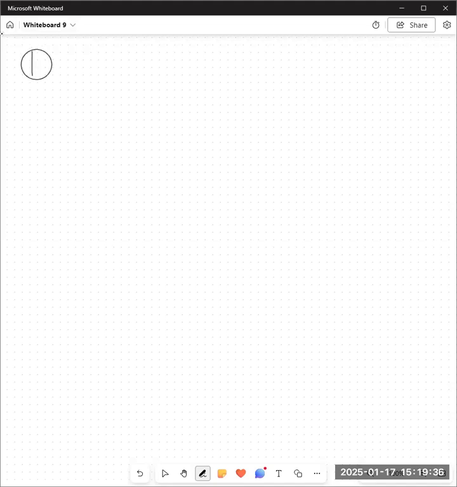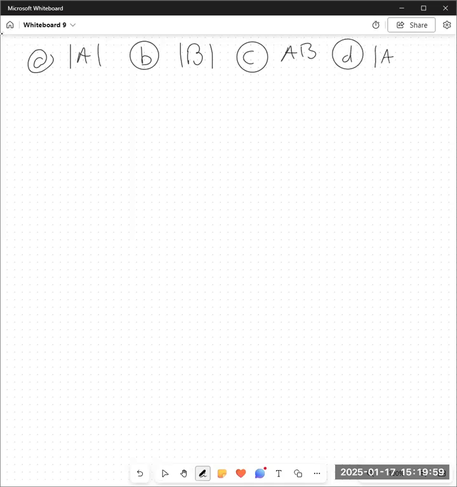Number one asks us in part A to find the determinant of A. Part B is going to ask us to find the determinant of B. Part C is going to ask us to find A times B, and part D is going to ask us to find the determinant of A times B. And we're going to see if we can recognize a property here that's going to be true.